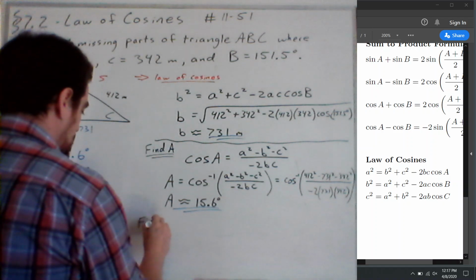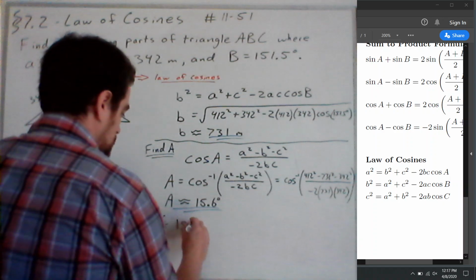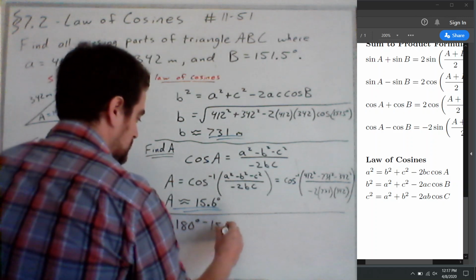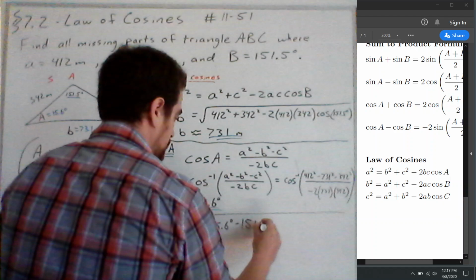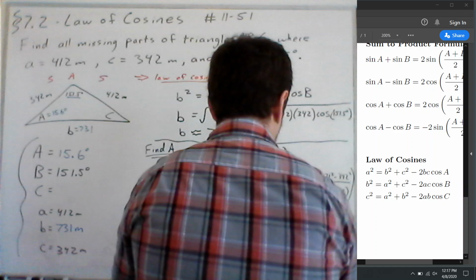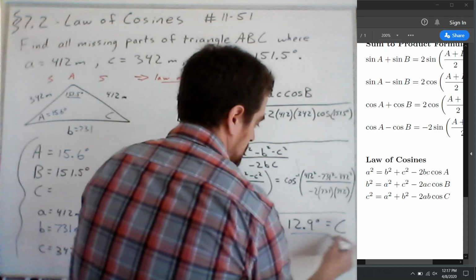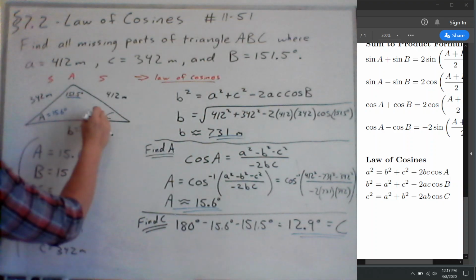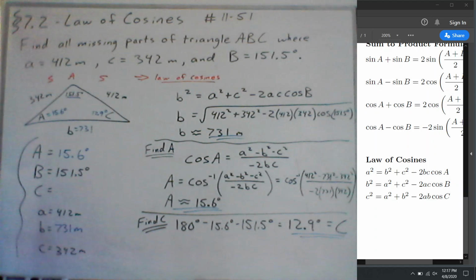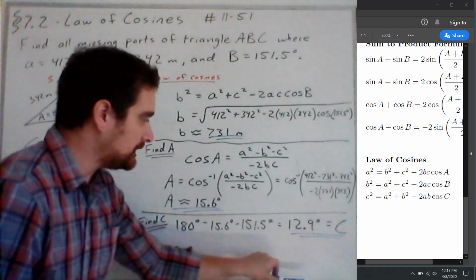If you want to find capital C, we know there's 180 degrees in this triangle, so we can just do 180 degrees minus 15.6 degrees minus 151.5 degrees to get our final answer to be 12.9 degrees for C. So this gives us all of our missing pieces.